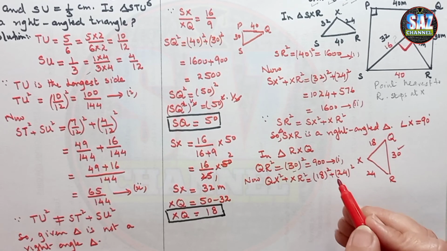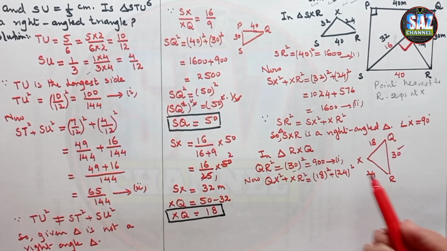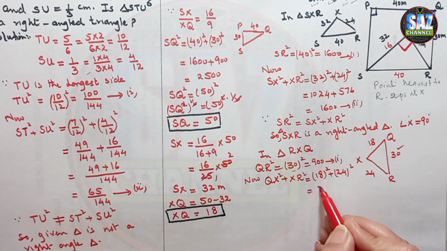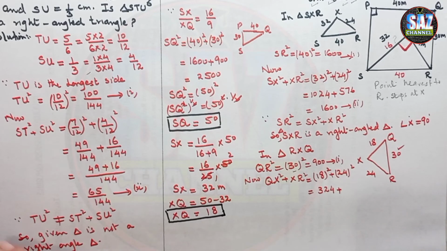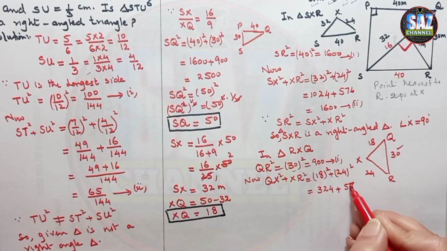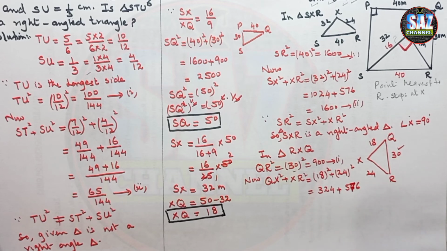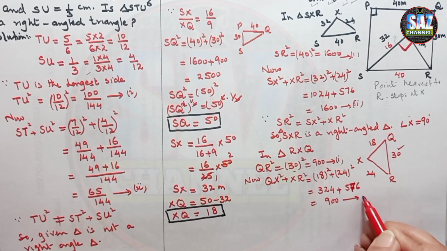And let me check the squares. 18 square is 324. Okay, please learn the squares because the questions can come in paper 1 where calculator is not allowed. 24 square is 576. Add them up carefully. 576 plus 324 is 900. Okay, and let me mark it 2.